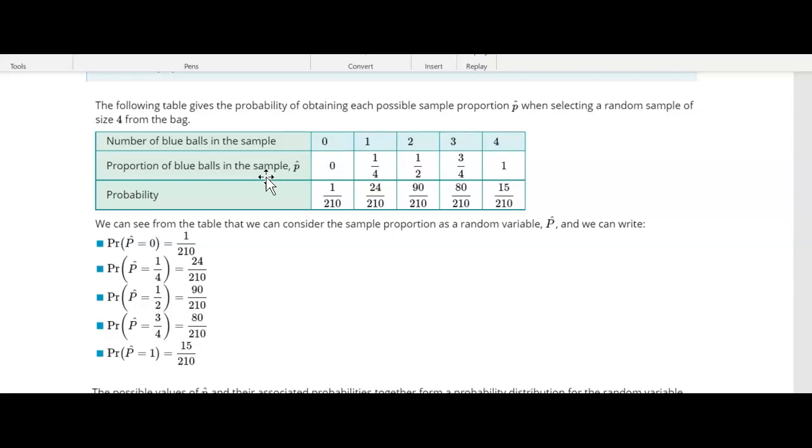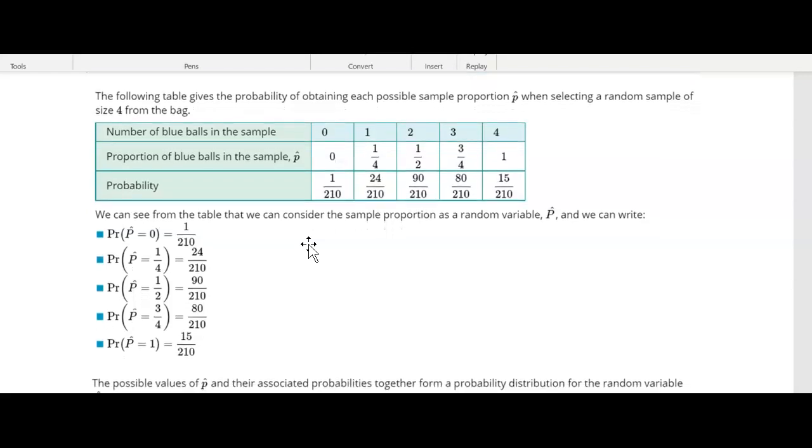So the proportion of blue balls in the sample, okay, is 0 out of 4, which is 0, 1 out of 4, 2 out of 4, which is a half, 3 out of 4, or 4 out of 4, which is 1. And then you've got their respective probabilities.